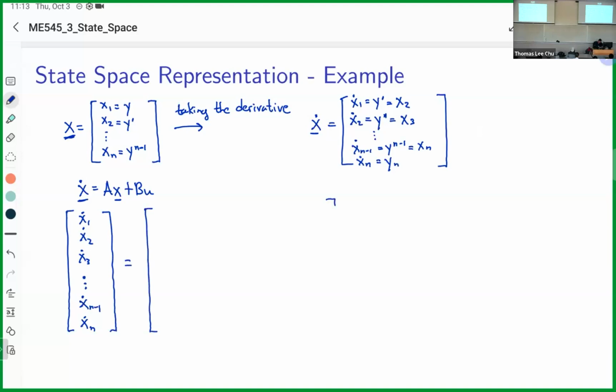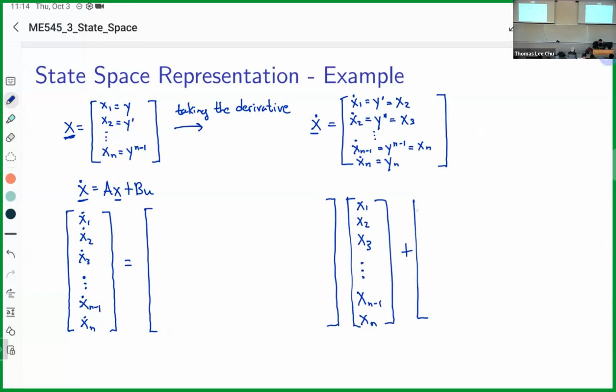And we're going to have a really big matrix for this. We have x1, x2, x3, all the way to xn minus 1 and xn, plus my B matrix multiplied by U.